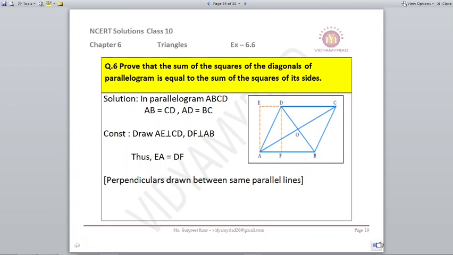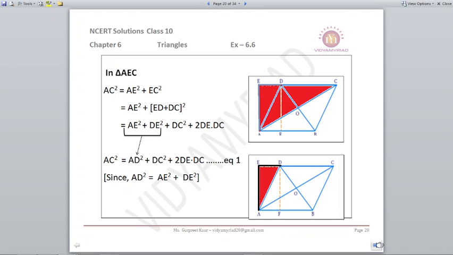So let's start with triangle AEC. The red part, the bigger part, if you see, it means AC square will be equal to AE square plus EC square. Now what is EC square? EC can be written as ED plus DC. So apply the formula, you get AE square plus DE square plus DC square plus twice of DE into DC.